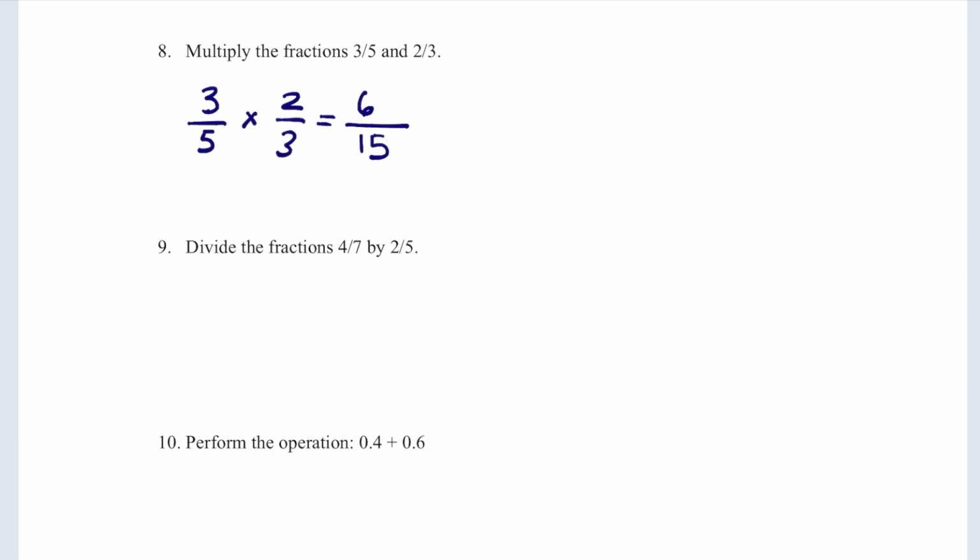And we can further reduce this down because 3 goes into 15 5 times and 3 goes into 6 twice. So 2/5. And that is our final answer.